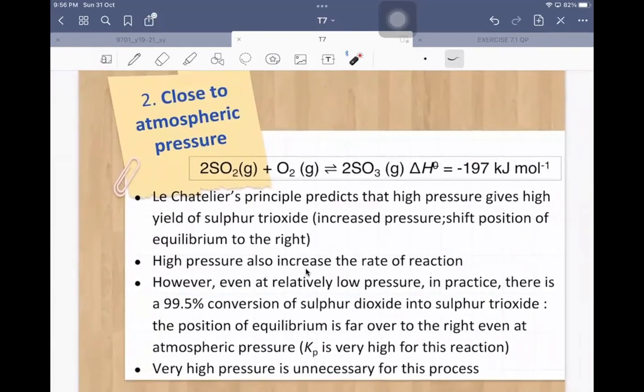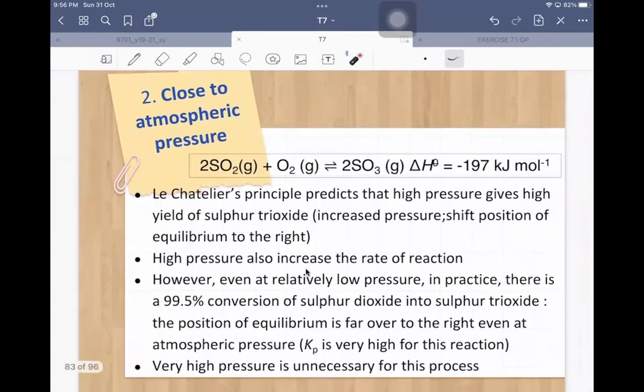Atmospheric pressure. They don't use high atmospheric pressure. Actually, they don't need to. The reason is because this reaction is already efficient. You have 99.5%, which is close to 100% conversion.